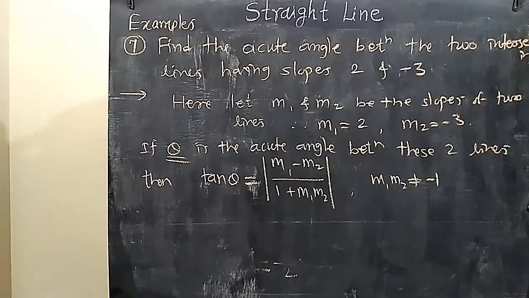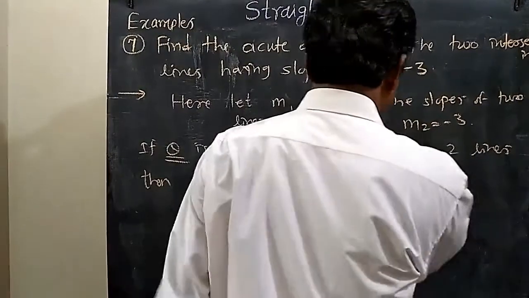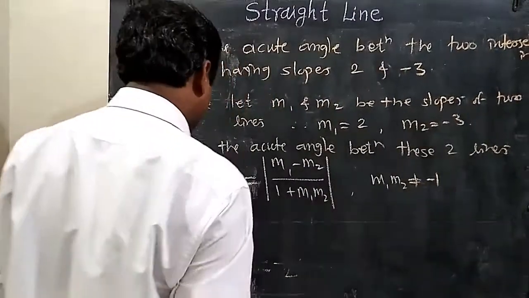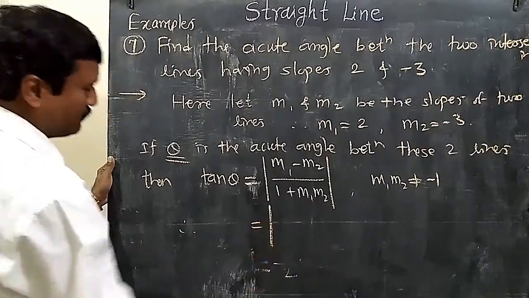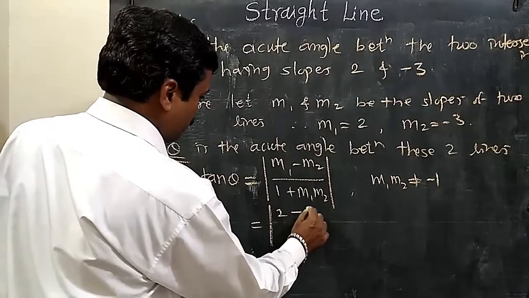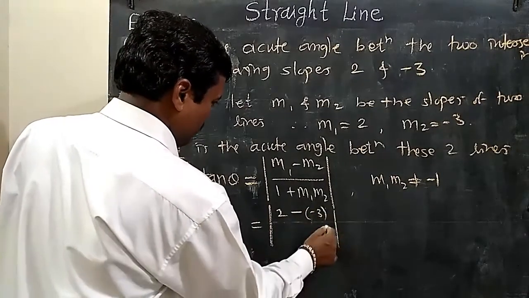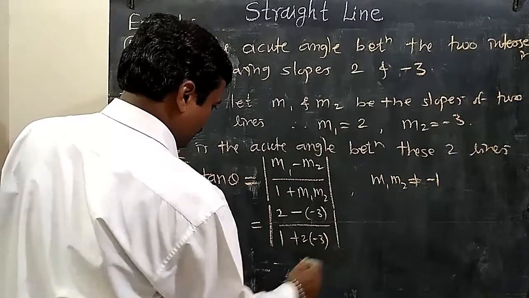And here, the product of two slopes M1 and M2 is 2 into -3, that is -6. So it is not equal to -1. Therefore, put the values, M1 is 2, M2 is -3, over 1 plus 2 into -3.